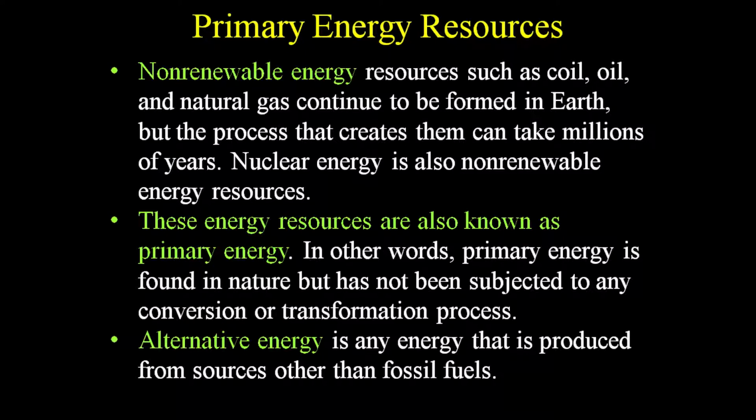These energy resources are also known as primary energy. In other words, primary energy is found in nature, but has not been subjected to any conversion or transformation process. Alternative energy is any energy that is produced from sources other than fossil fuels.